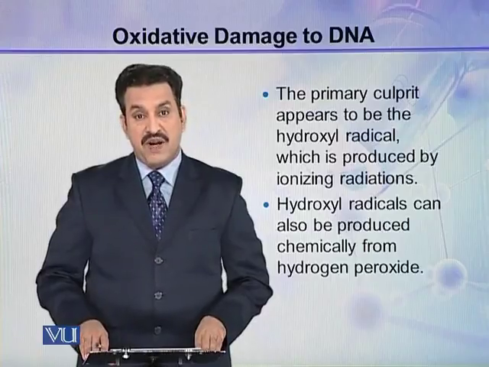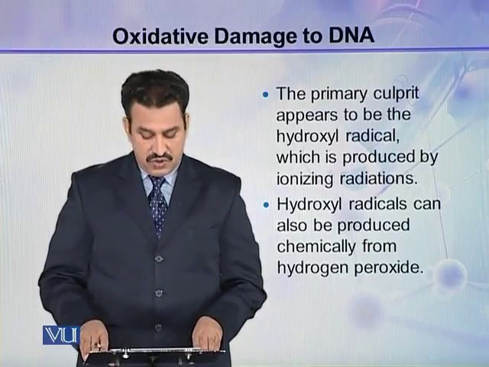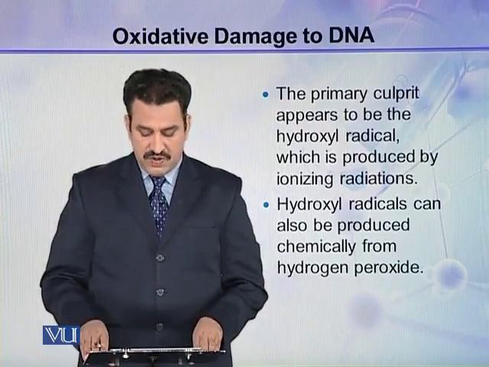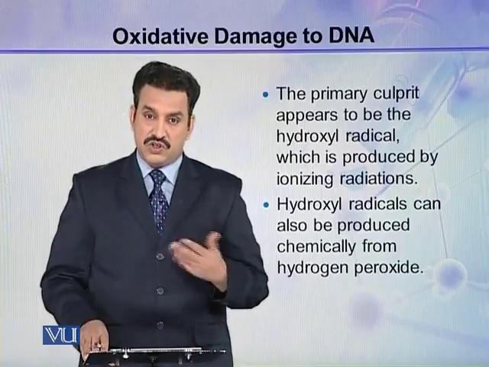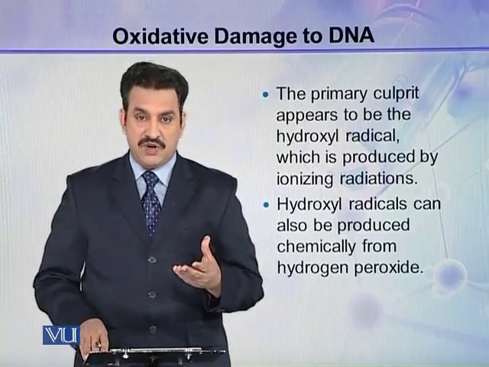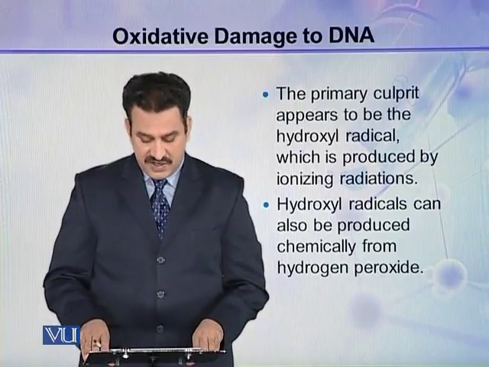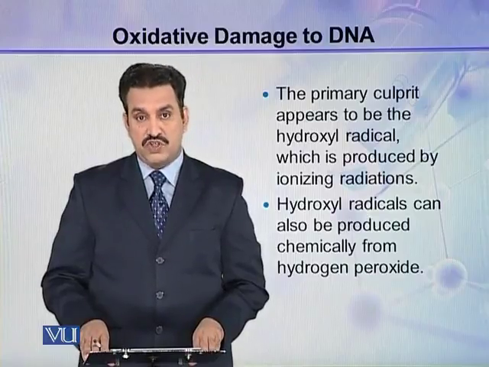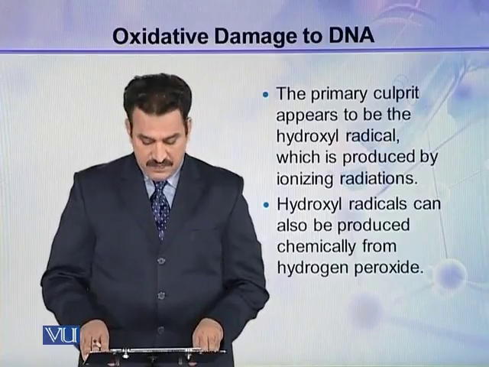The primary culprit, however, appears to be the hydroxyl radical, which is produced by ionizing radiations. Ionizing radiations like gamma rays and X-rays produce hydroxyl radicals, and these are the main culprits which cause the oxidative damage to DNA.